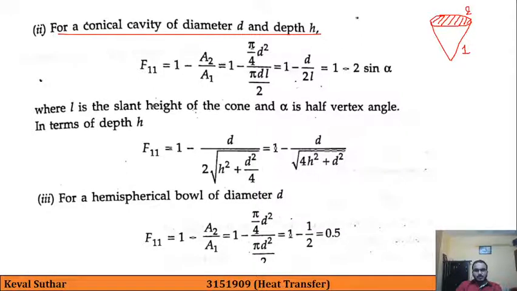Surface 2 is pi by 4 d square, and surface area 1 is pi d L divided by 2. So we are getting this, 1 minus 2 sine alpha, where alpha will be the half vertex angle, L is the slant height of the cone, and we can also write this in terms of depth h.